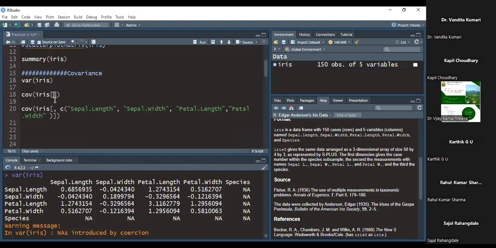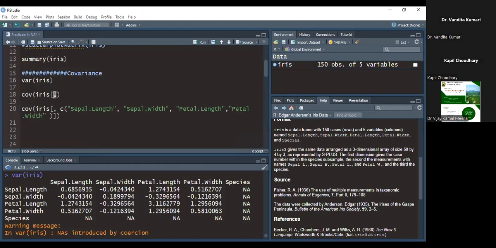So we are going to have all the rows, and the columns will be only for the sepal length, sepal width, petal length, and petal width. Only these columns will be selected, and we will have all the rows in the data set.